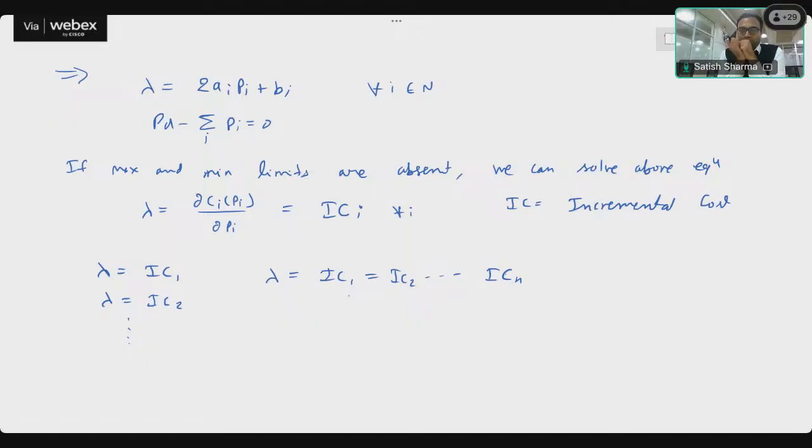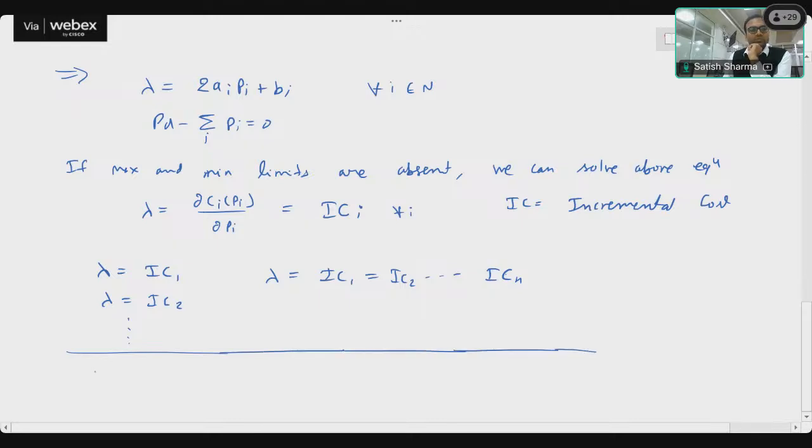So what is the significance of the incremental cost? Incremental cost is basically the change in cost with respect to an increase in power.